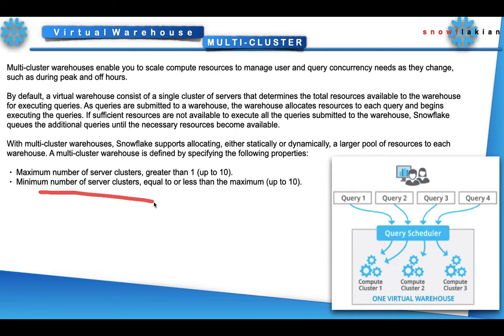Suppose in a peak hour there are more users and more queries coming in. That time you have to handle more traffic. Based on the queries coming in, the new clusters have to be available. Initially it will be running with one cluster. When the additional load comes in, the other clusters will automatically be started, and it will be capable of handling the additional load.